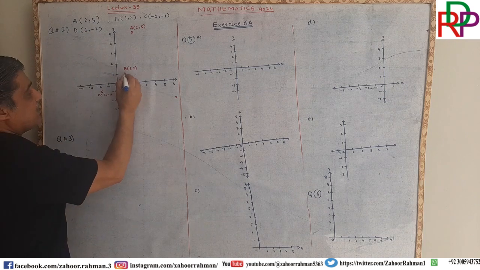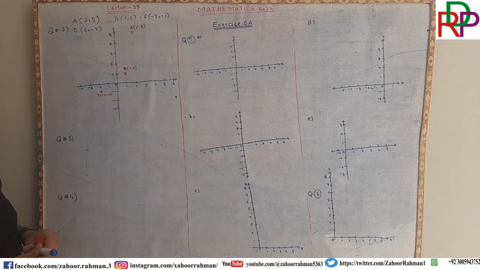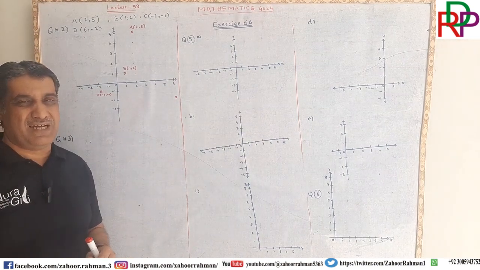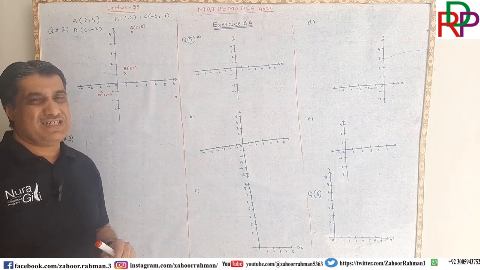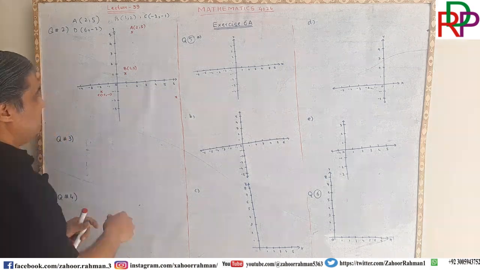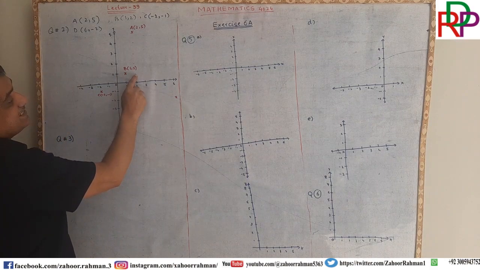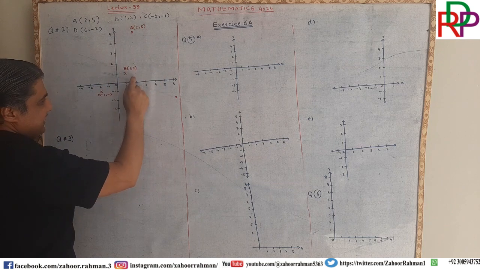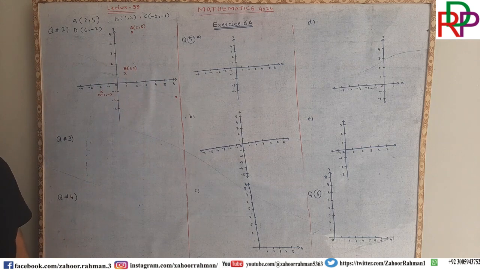If you put a dot here, that is not the correct way. Why? Because your paper is going to be scanned at the Cambridge International Examination Center, and when the paper is scanned, that dot might not be visible in the scanned paper.